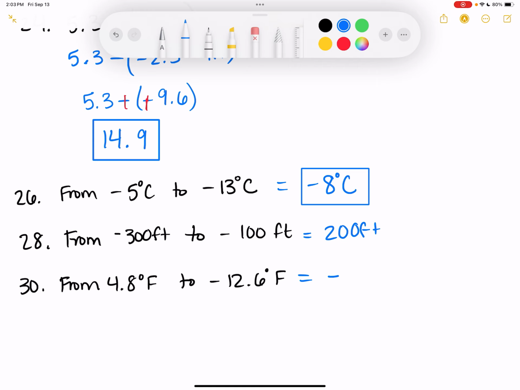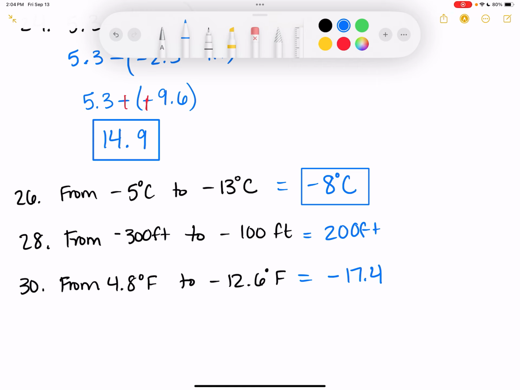Try 17.4. Okay, how much does it take to get from 4.8 to 0? 4.8. And then how far is it from 0 to negative 12.6? Negative 12.6.